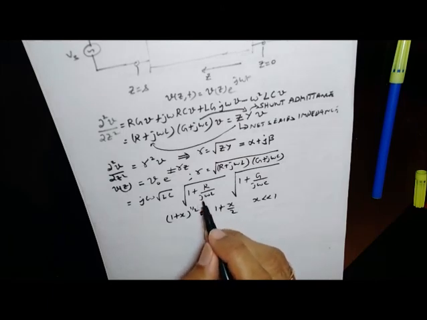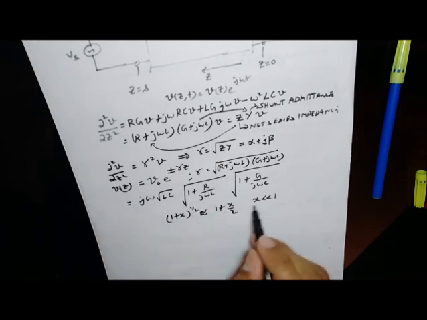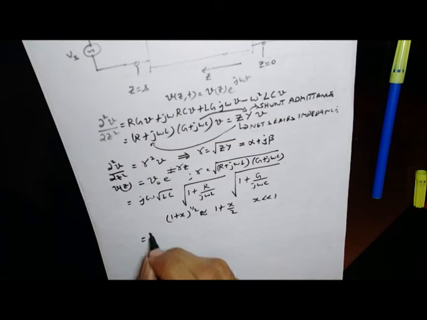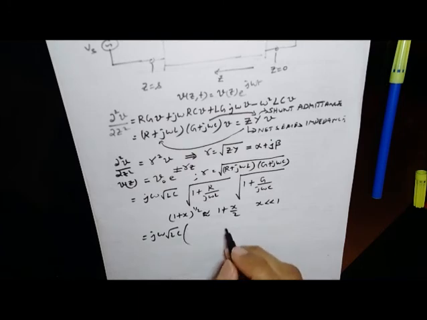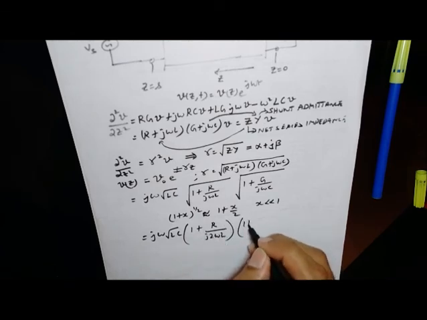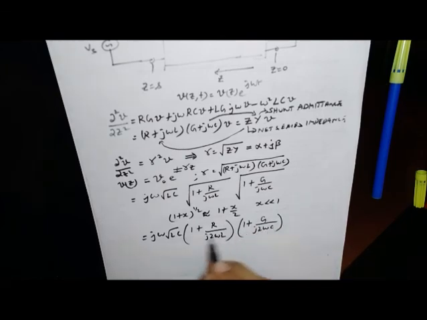So the magnitude of this can be much smaller than 1, and hence we can use this approximation, which gives us j omega root LC into 1 plus R by j 2 omega L into 1 plus G by j 2 omega C. When I multiply these two, I will get 4 terms, out of which I will retain only 3 terms. The fourth term, which will be a product of these two, I will neglect because R and G are going to be small.